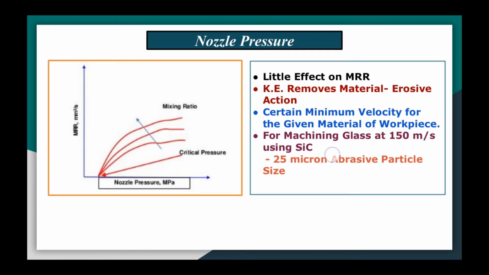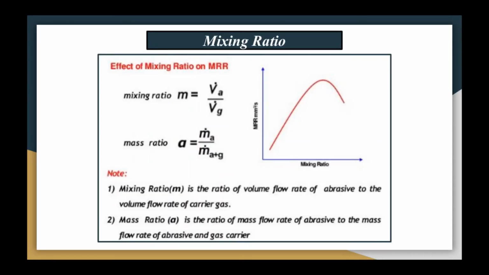Now another parameter, that is the mixing ratio. Mixing ratio is given by the volume flow rate of abrasive particles to the volume flow rate of carrier gas. This is a mathematical formula. Now this decides the mixing ratio.